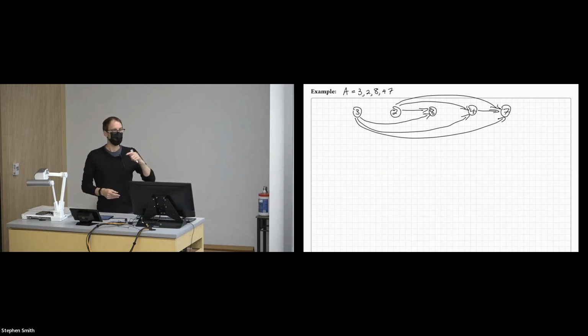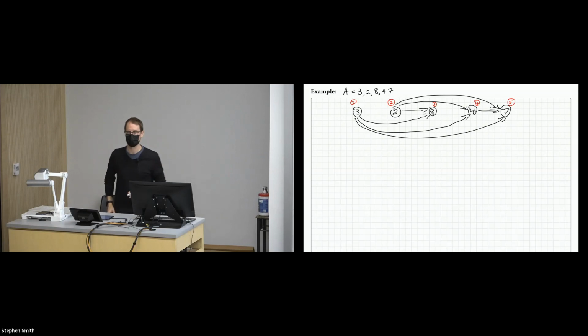Now these are the values at those positions, but this has index 1, this has index 2, index 3, index 4, and index 5. So when I talk about the subproblem L_3, it'll be the longest path ending at 8, the third vertex. So then our algorithm just runs through.